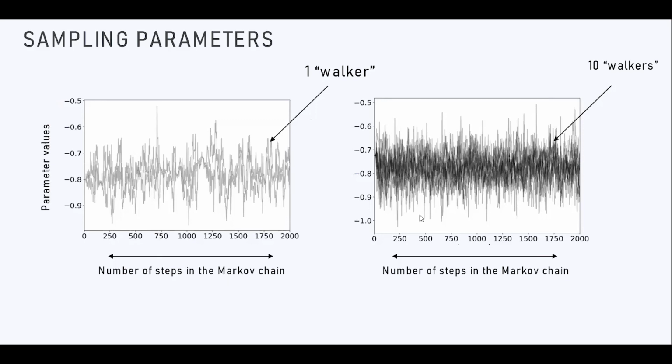So for example, on the right-hand side, I have the same parameter inference, but with 10 walkers. So here you see it's dark because now 10 walkers are starting at the same place, at a value around 0.7. And all of them start at exactly the same place, but very quickly, within 10 or 20 steps, it's already explored most of the space you see here.